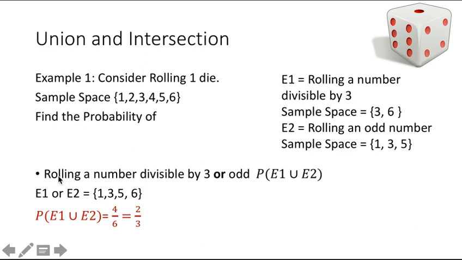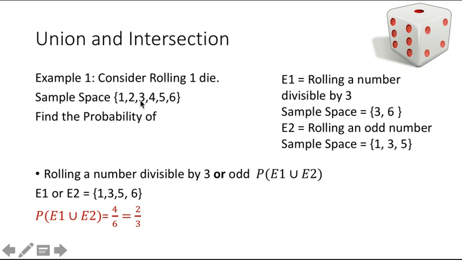So, if we're going to be rolling a number divisible by 3 or odd, let's think of all those possible outcomes. So, we need to look at those separately. How many different ways can we roll a number divisible by 3? Well, there are two numbers in this sample space that are divisible by 3, the number 3 and 6. What about rolling an odd number?